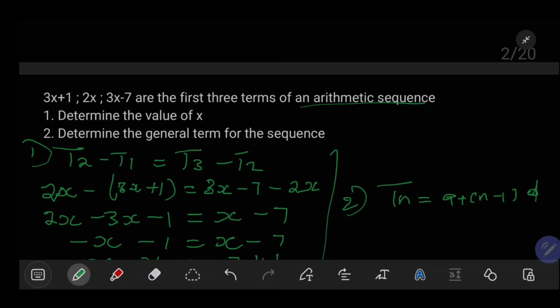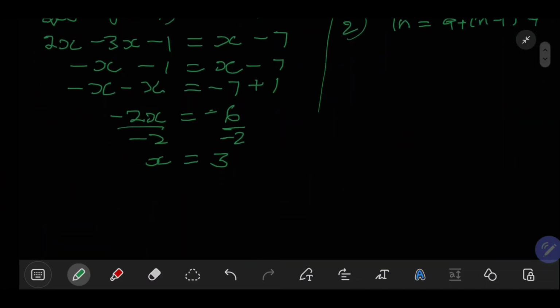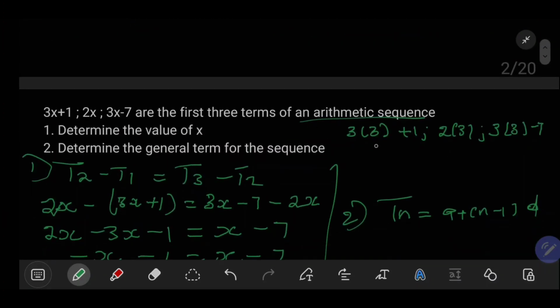Okay, so when we substitute 3 here, it means we're going to have 3 into 3 plus 1, and here we're having 2 into 3, and here we're having 3 into 3 minus 7. So now we multiply: this is 9 plus 1, then we get 10. And then here we get 6, and 9 minus 7, we get 2.